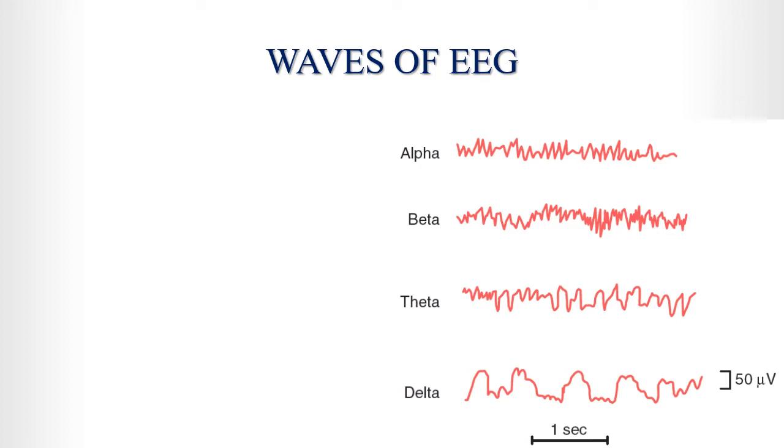These rhythms will be described in terms of frequency and amplitude. Amplitude means the height of the waves, and frequency means the number of the waves. We will also observe in which condition and over which side of the skull they are seen. So first, alpha rhythm.